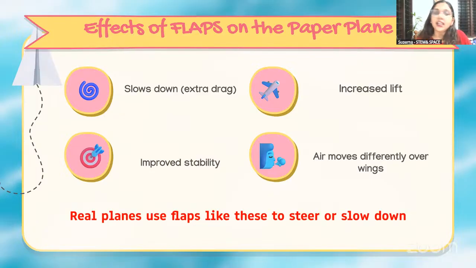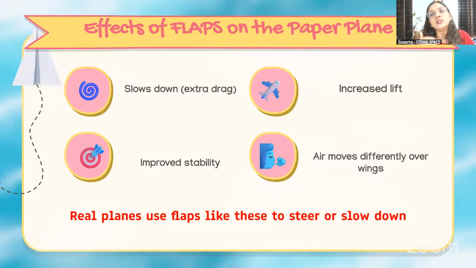Okay, so in real life, even though it was slowing your paper plane down, these flaps are very important, because in real airplanes, if these flaps are not there, you won't be able to control your plane. Okay, so by actually giving a little drag, you can properly steer and slow your airplane down. So this is very important.